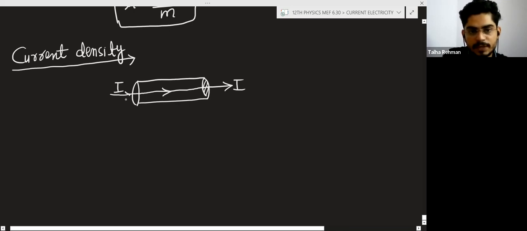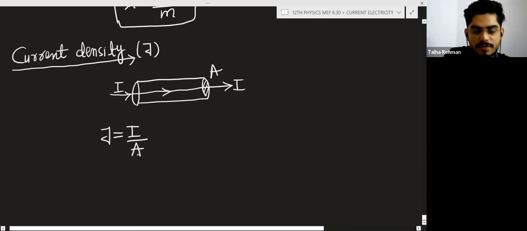Current density is represented by J. So current density is the current flowing divided by the area of cross section, and from here you can calculate the current also: I is equal to JA.